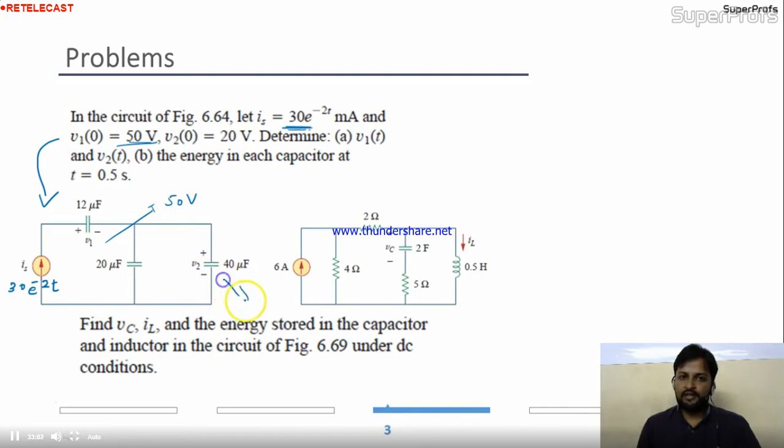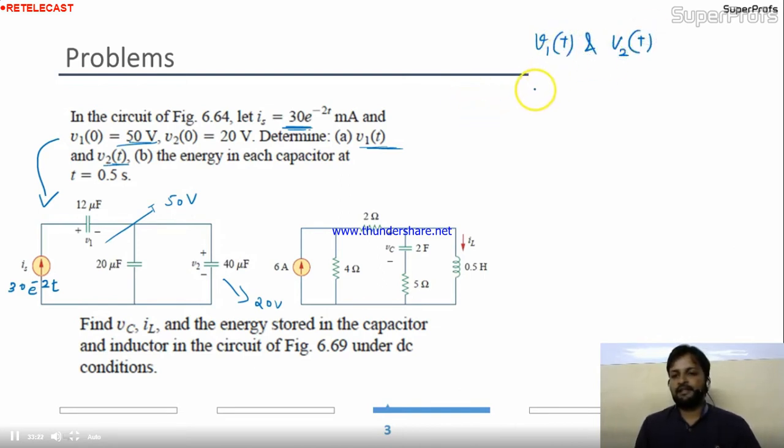V20 is also given, here is the V20, and that is 20 volt. Now we have to determine V1(t), V2(t), and in the second question the energy in each capacitor at t equal to 0.5 second. So our task is to find V1(t) and V2(t).